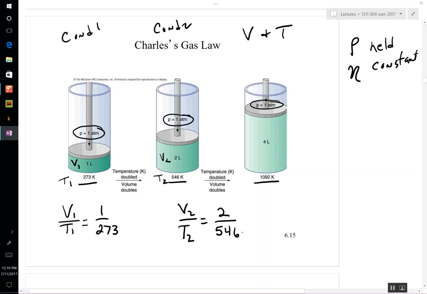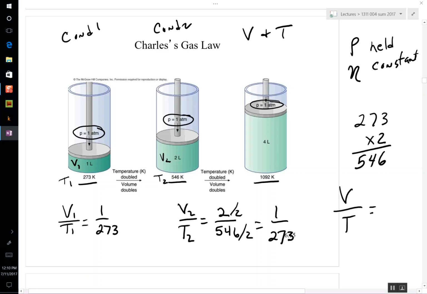What has he done in Kelvin? He's actually doubled the temperature, from 273 to 546. So if I divide that by 2 and that by 2, I get 1 over 273. So that remains constant. So Charles' law is that volume over temperature is a constant.